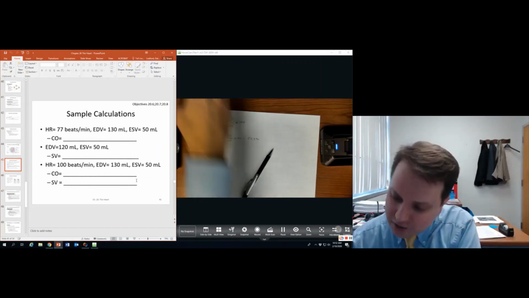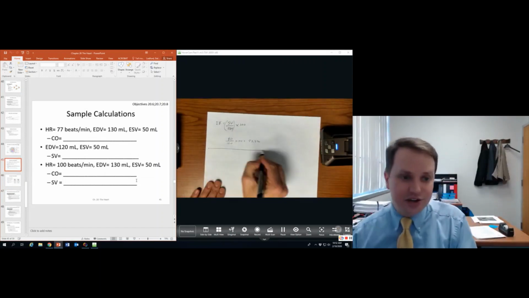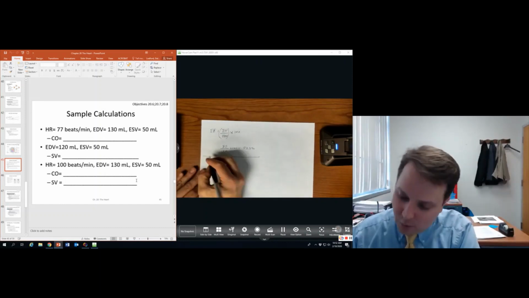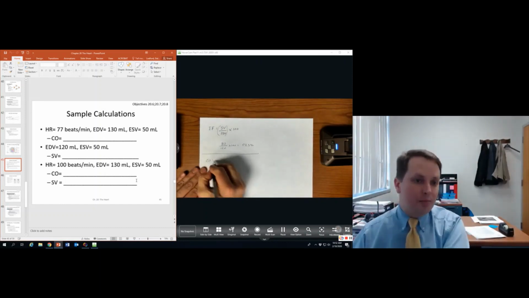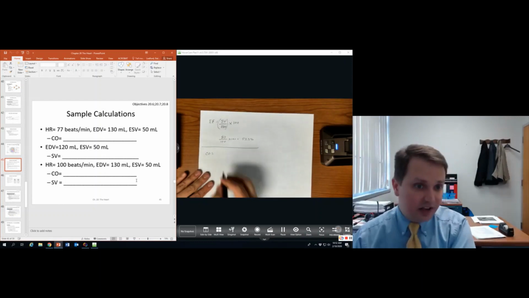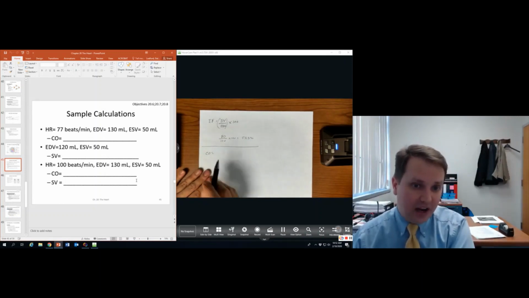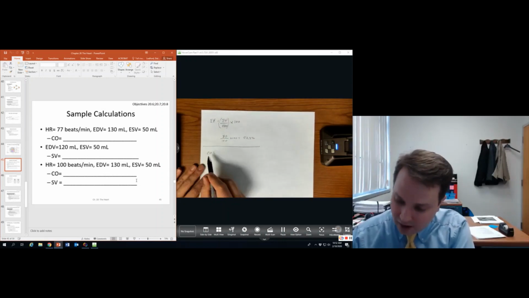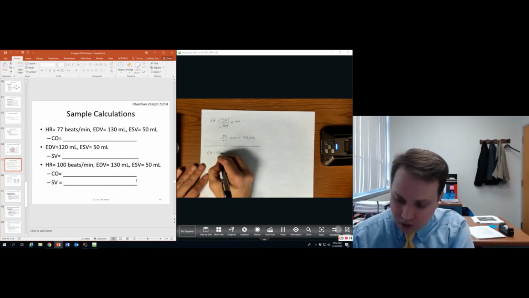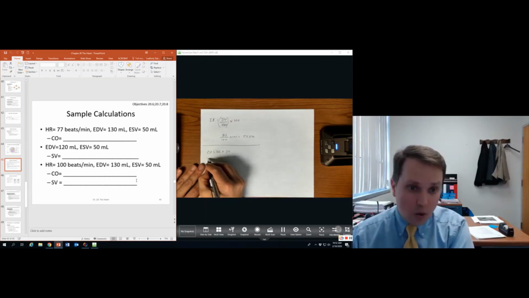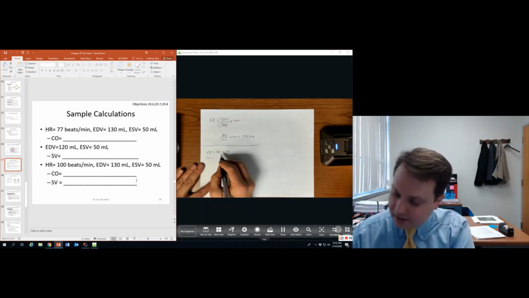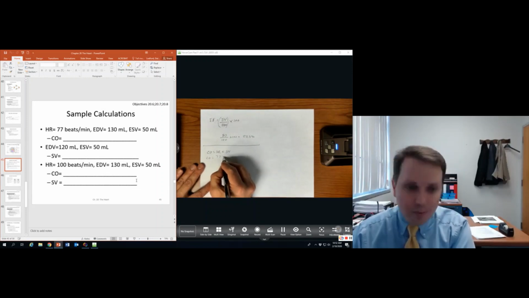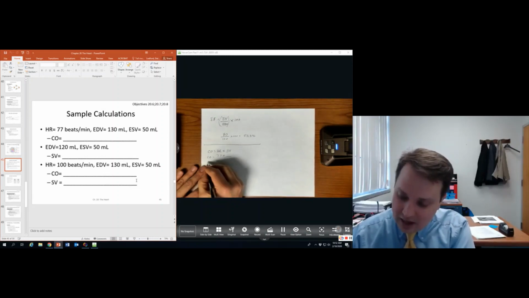Okay, so let's do some practice calculations. Here we want to find a cardiac output. I have heart rate is 77 beats per minute, EDV is 130, and ESV is 50. So we need to find heart rate times stroke volume. The heart rate is 77. Stroke volume we don't know, but we have EDV and ESV to find that.